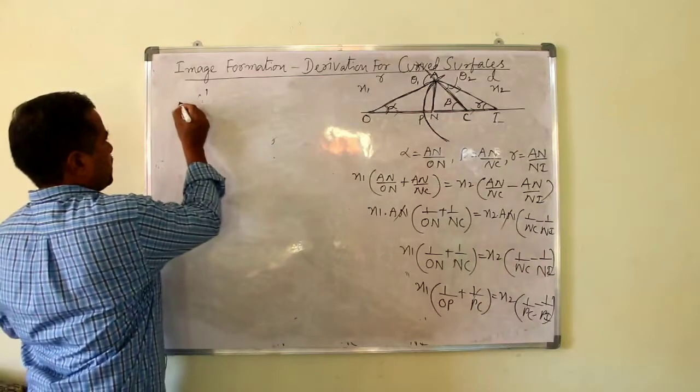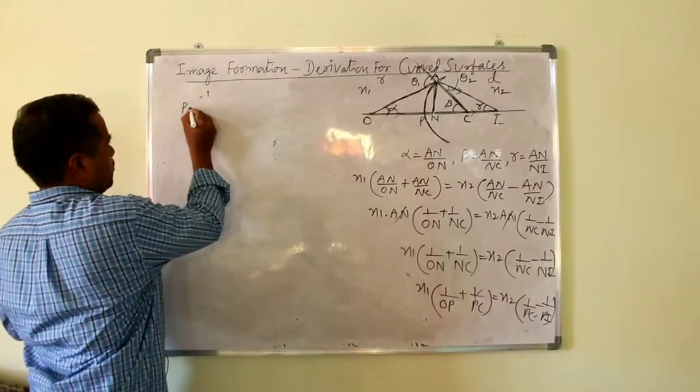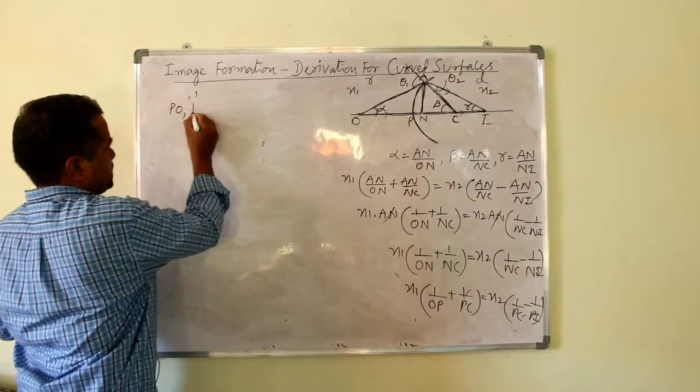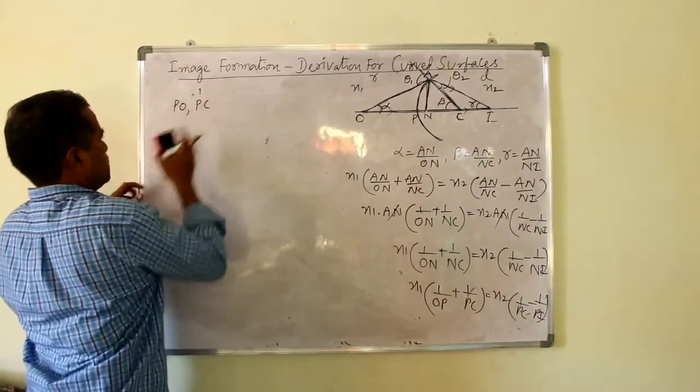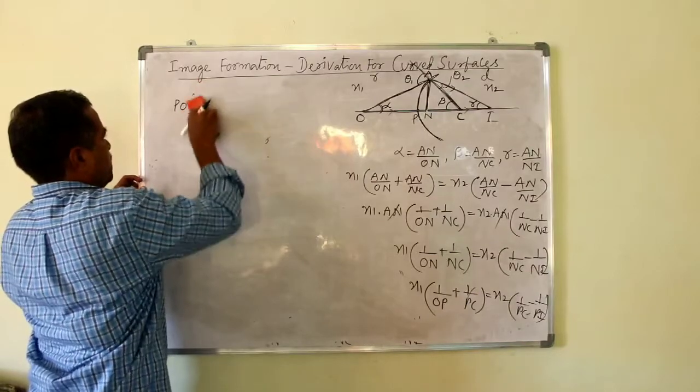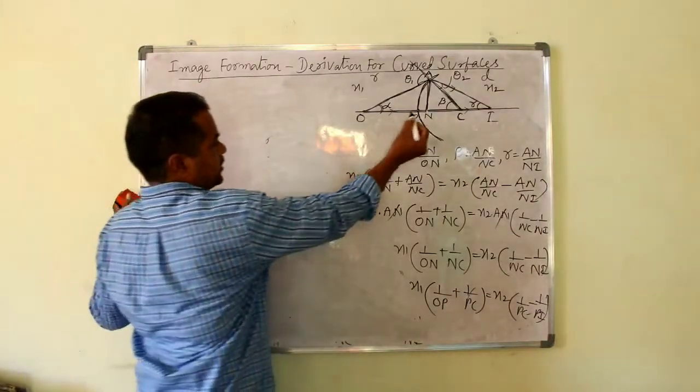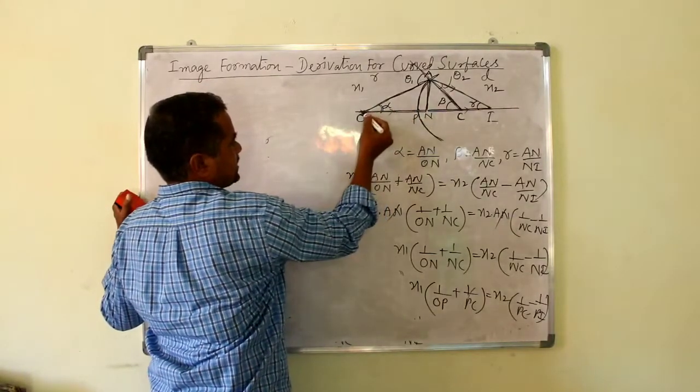Here PO is the distance between optic center and object.